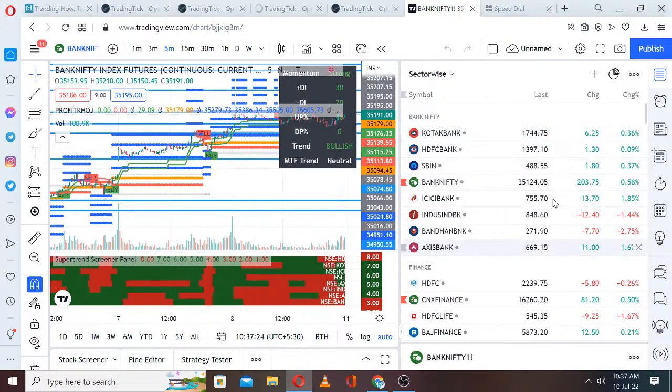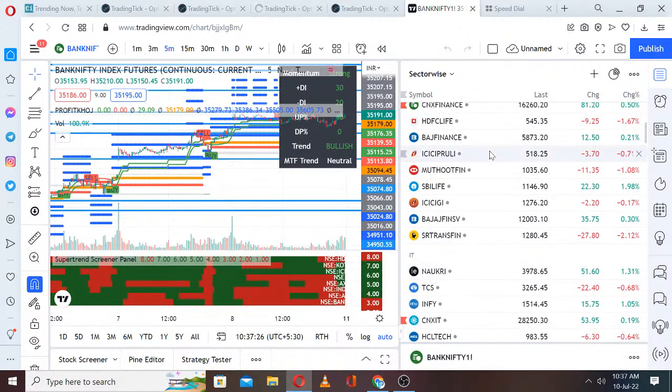Create a watch list like banks, CNX Finance, CNS IT, like for IT sectors.